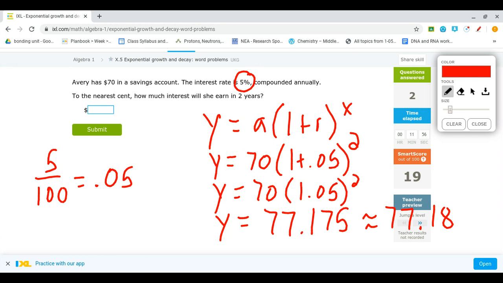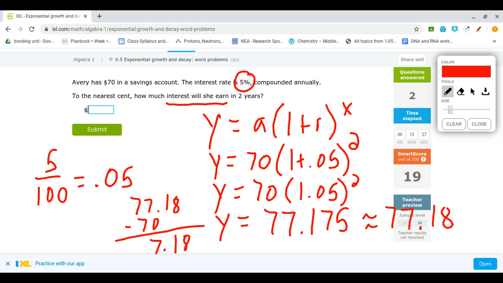It didn't say how much money will be in her account after 2 years. It says how much interest will she earn. So if she has $77.18 in her account, but she started with $70 in her account, we have to subtract those two values to determine how much interest she earned.